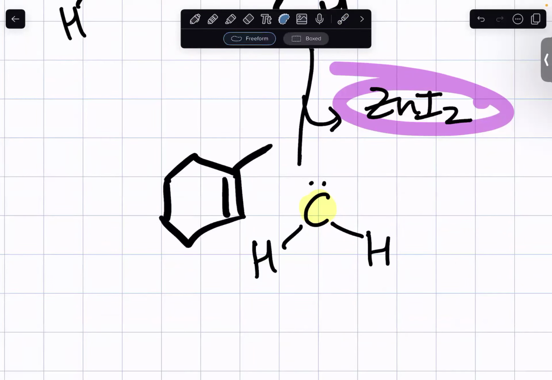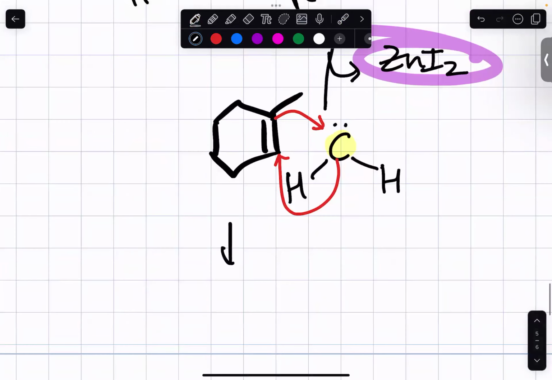Since this carbene is missing electrons, one of the carbons of the alkene is going to attack that carbene. At the same time, the other carbon is going to attack the other end of the alkene, giving us these products here.